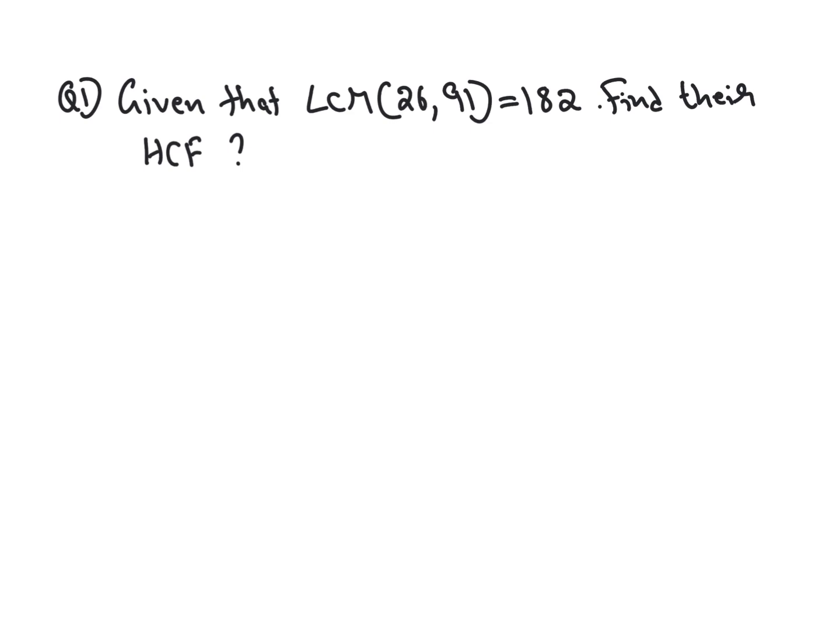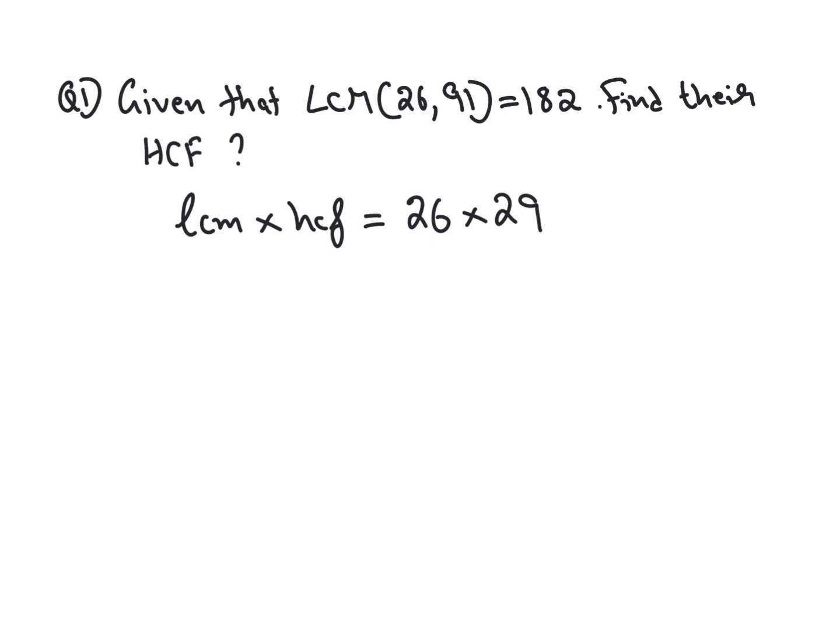Let's look at this question. Given that LCM of 26 and 91 is 182, find their HCF. Do we know what is the relationship of LCM and HCF of two numbers? We have learnt it already. LCM times HCF is equal to the product of the two numbers.